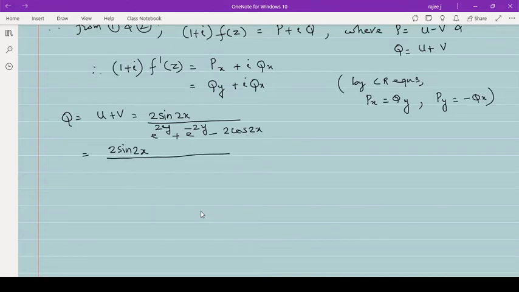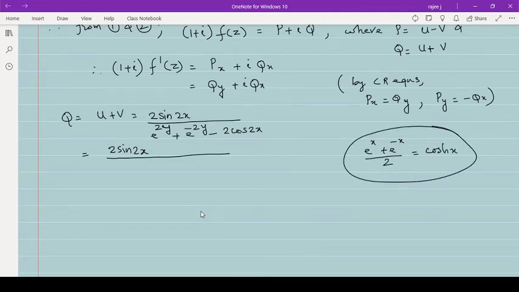So 2 sin 2x divided by e^(2y) + e^(−2y). Because we know (e^x + e^(−x))/2 is cosh x, the hyperbolic cosine, using this we can write e^(2y) + e^(−2y) as 2 cosh 2y. Otherwise you can divide and multiply by 2, so this will be cosh 2y.